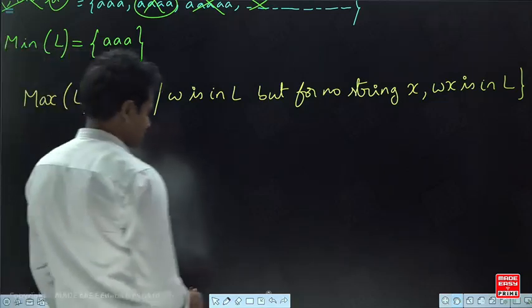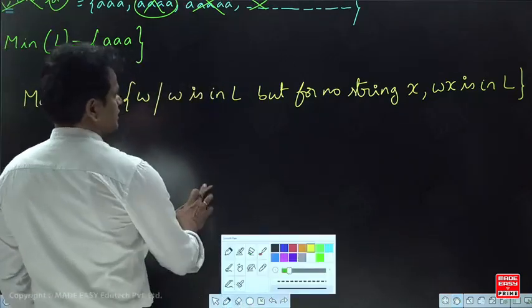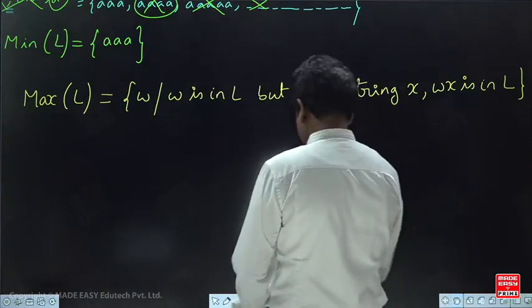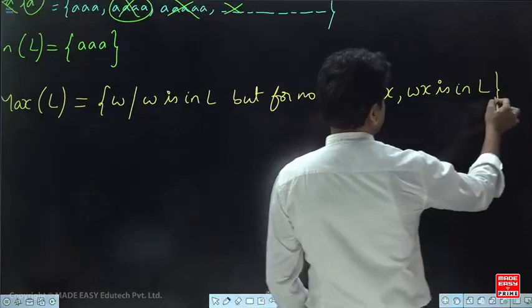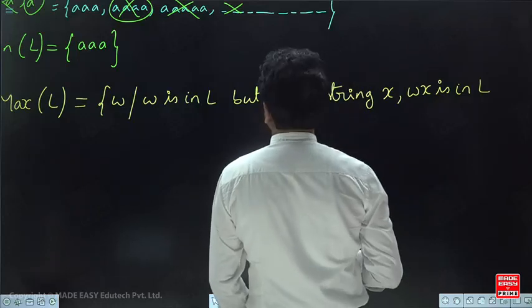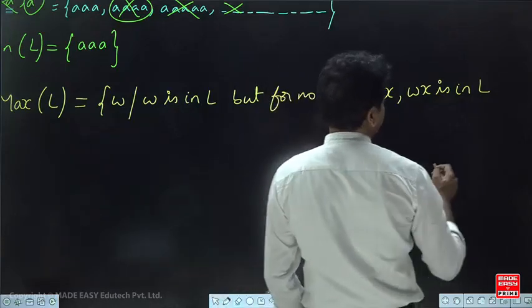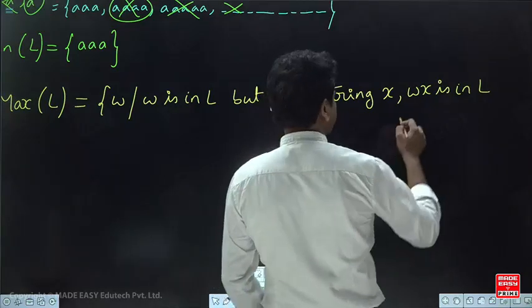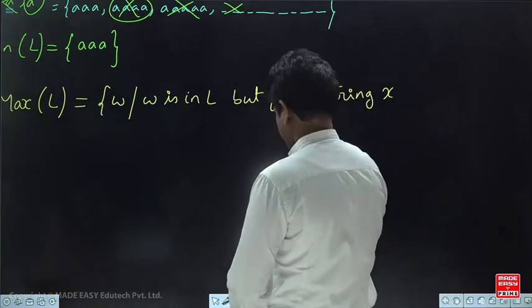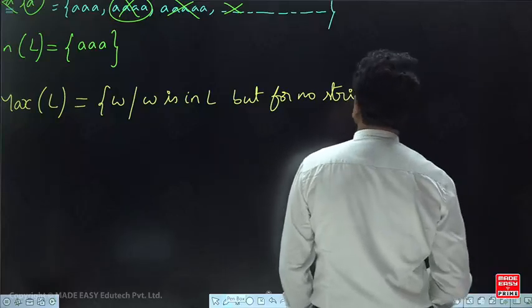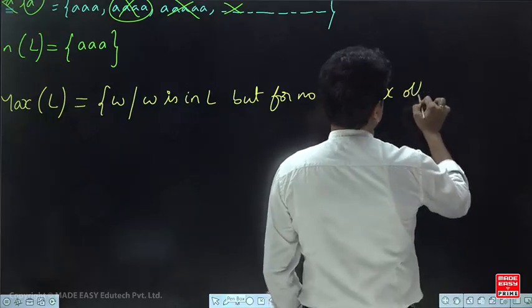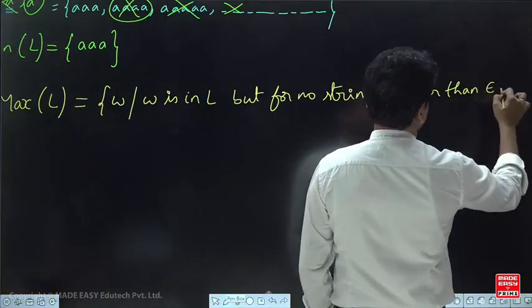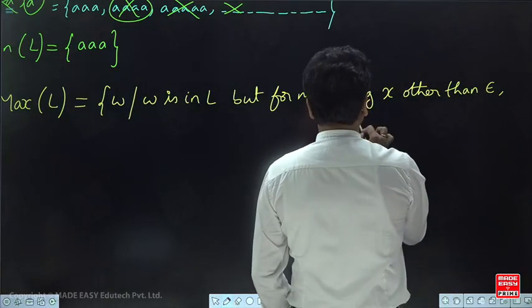Just a small modification: W is in L but for no string x other than epsilon, I forgot to write other than epsilon, Wx is in L.